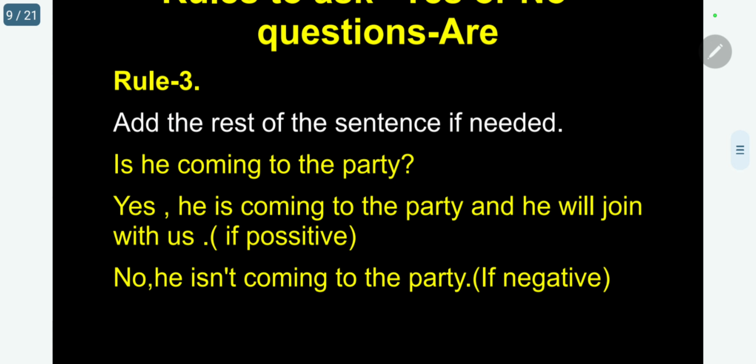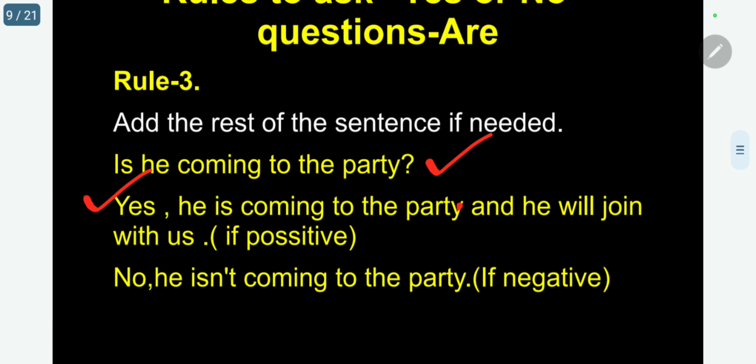Rule 3: Add the rest of the sentence. If any words are required, you can add them if needed. Just see here: is he coming to the party? We have already discussed this. Now we give yes: yes, he is coming to the party.